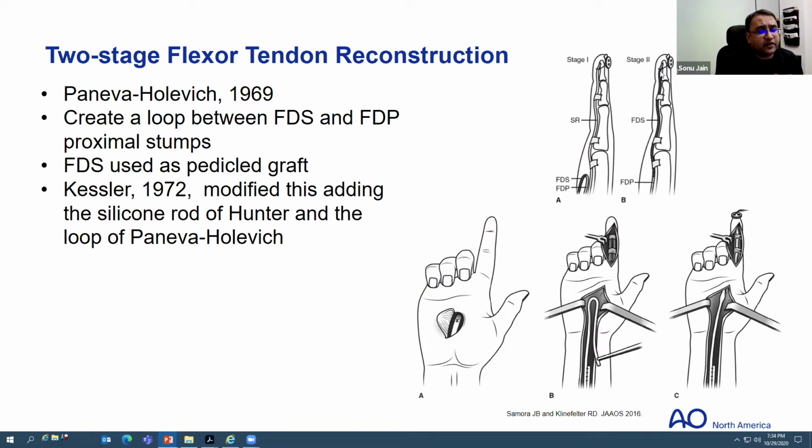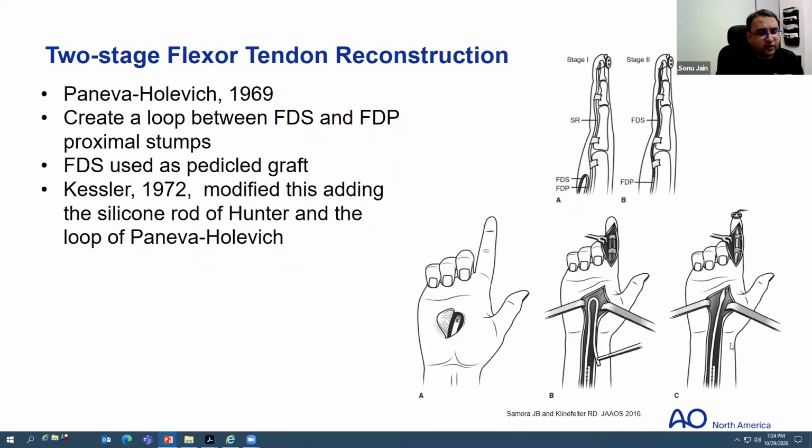Like you can see in this cross-sectional sagittal cut, how this is repaired at the primary setting, and then 3 months later this is healed, and then you transect your FDS at the usually musculotendinous origin or a little more distal to get enough length to attach it to your distal phalanx, and again attaching it similar to what we talked about for the jersey finger, using a suture anchor or a suture button pull out or both.